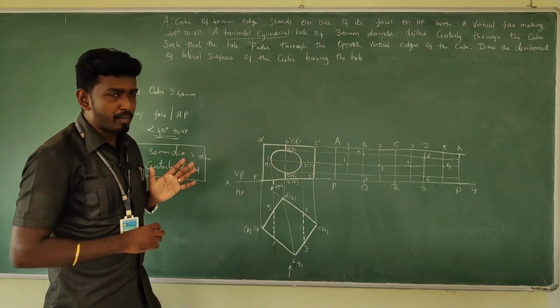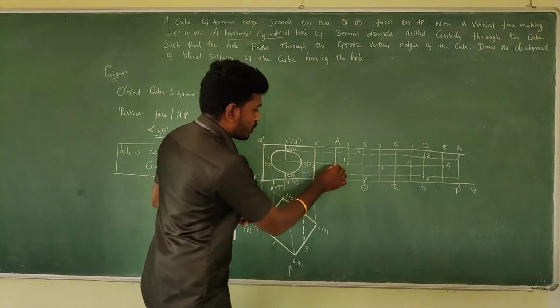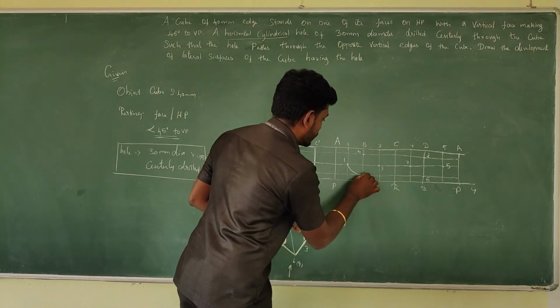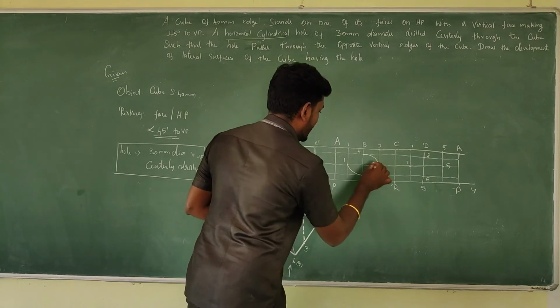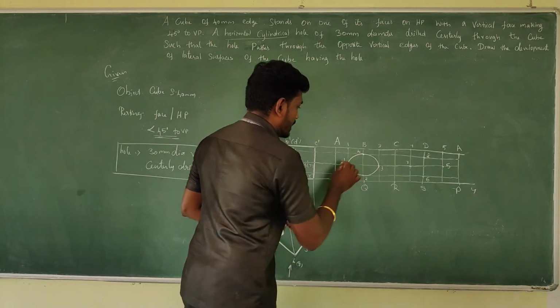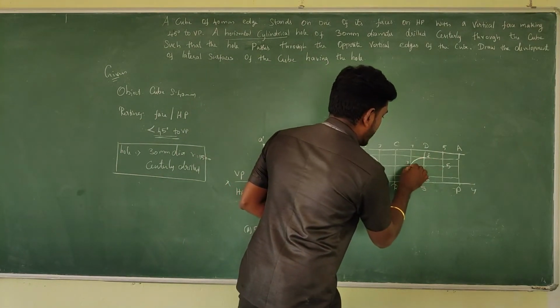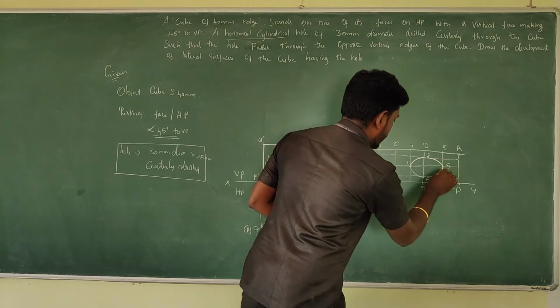After having all the points, it's a circle. So connect one by one with the free hand as a curve. Okay, just like this, connect it. You will get the exact shape of the circle in the lateral face.